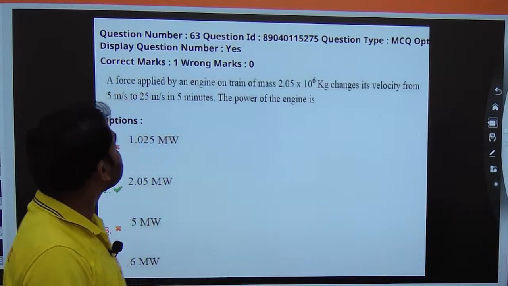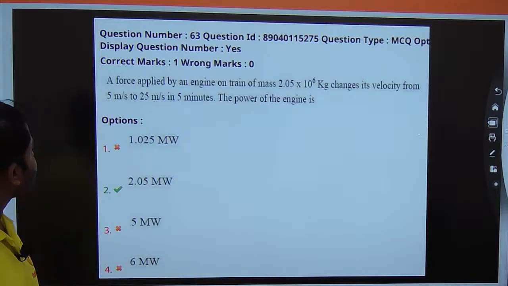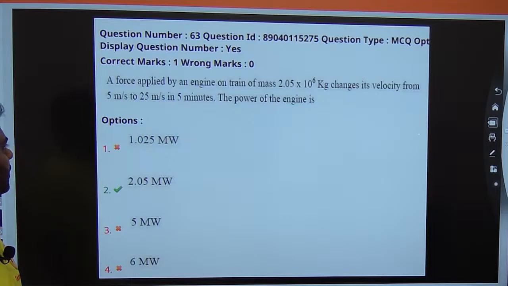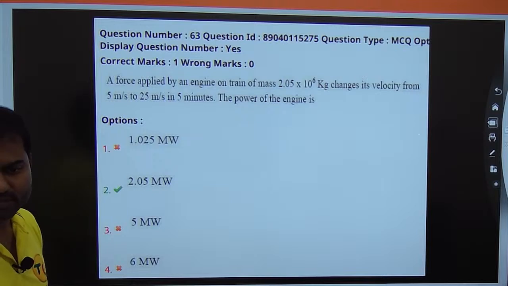Question number 63. In this question it is given that a force applied by an engine on a train of mass 2.05 into 10 power 6 kg changes its velocity from 5 meters per second to 25 meters per second in 5 minutes. The power of the engine is very simple.